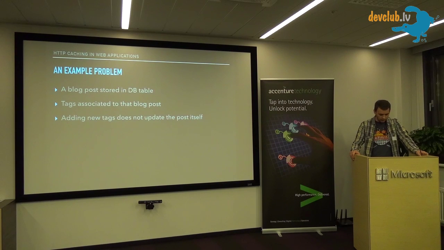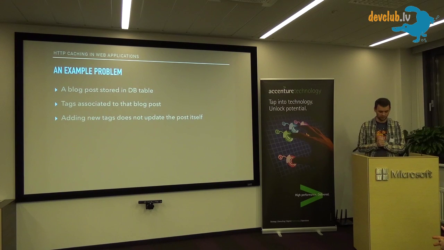So let's assume that there's a blog post stored in a database table. Imagine that. There are some tags associated with that blog post, which are actually stored in a different database table. And let's also assume that adding or modifying the tags associated with the blog post does not update the last modified time of the blog post itself.